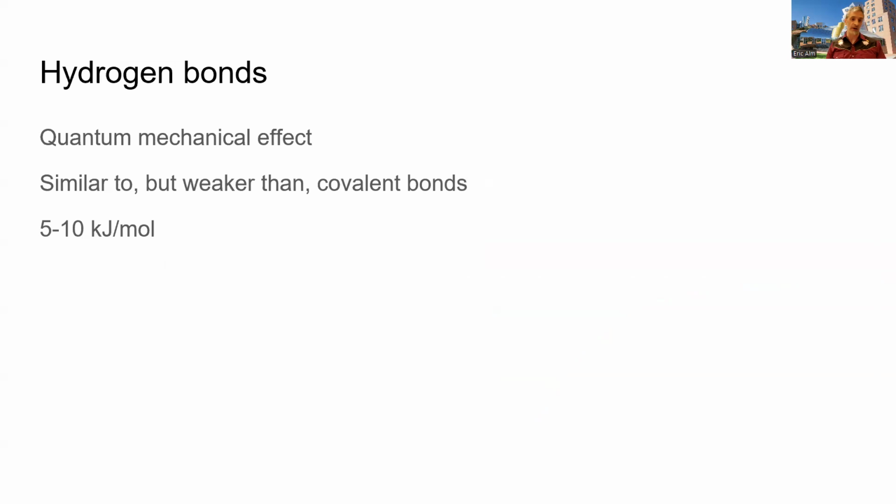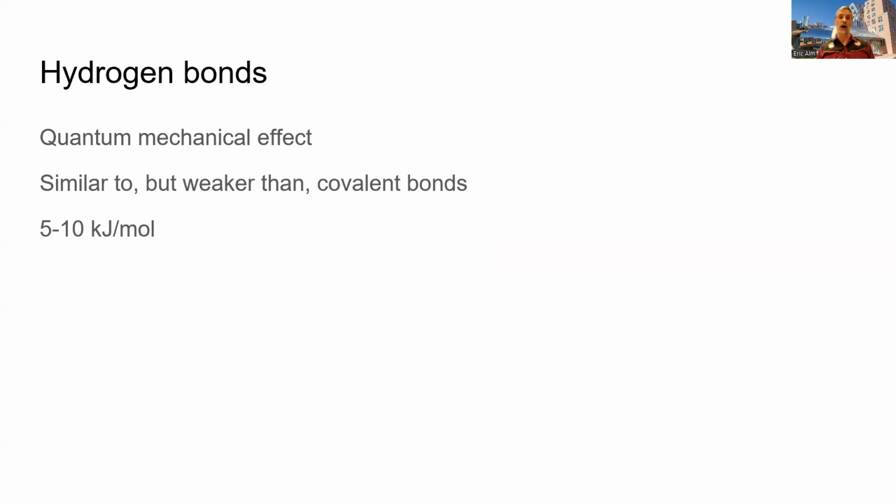One of the most important forces in protein folding, and certainly in protein secondary structure, so how the amino acids are going to interact with the amino acids that they're directly bonded to, is hydrogen bonding.